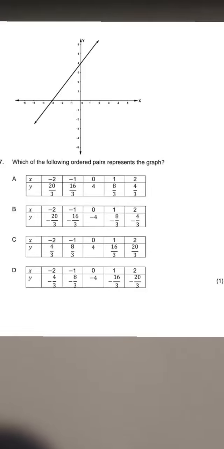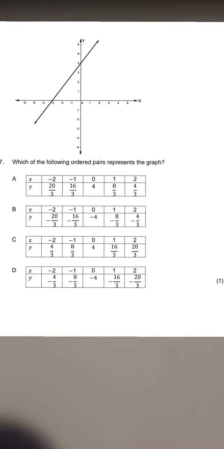So straight up, we know that we are going to cancel B. Table B cannot work because it says when x is -2, y is -20/3. We know that the y value is not negative. From the graph, we can see that when x is -2, the y value should be positive, not negative.